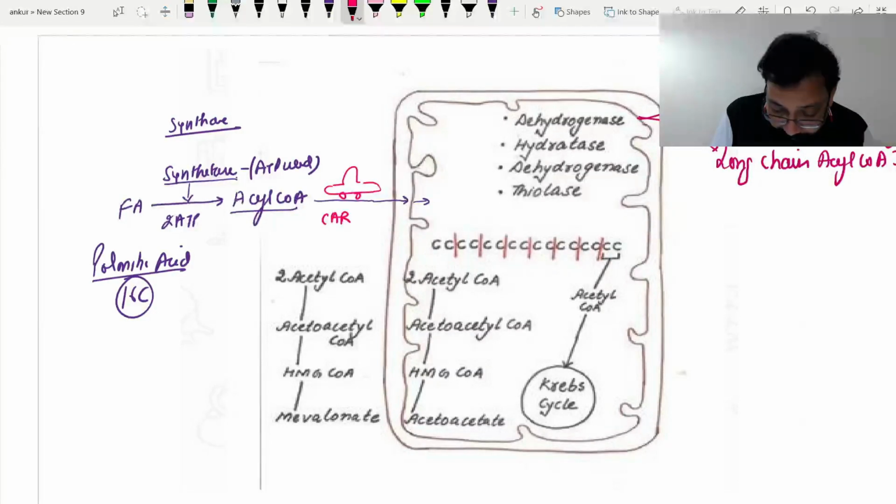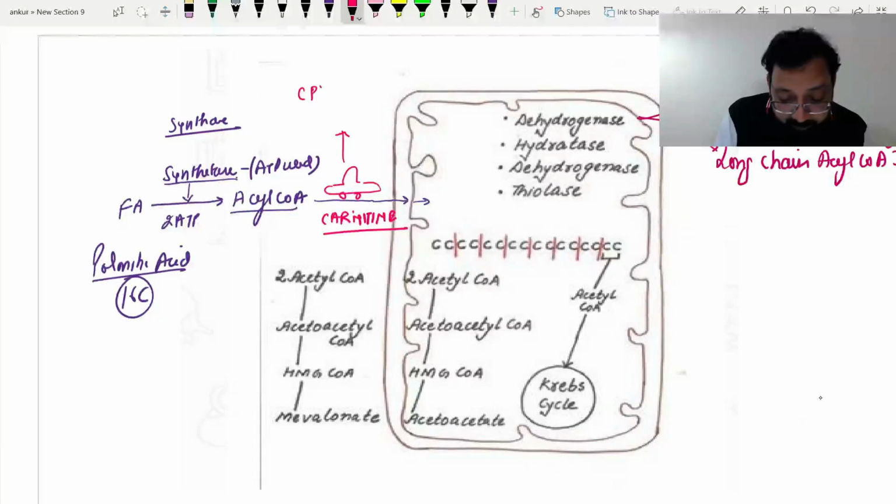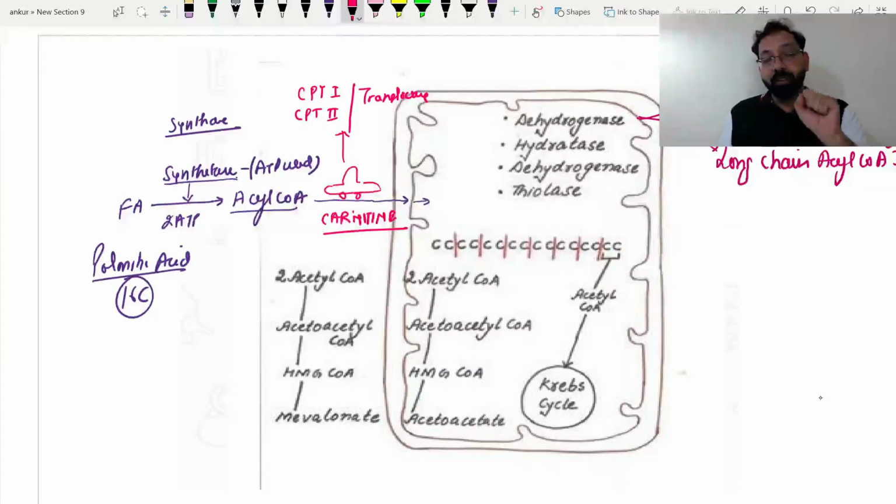Question is asked: fatty acid enters the mitochondria with the help of carnitine and a compound other than carnitine. It also requires three enzymes: CPT1, CPT2, and translocase. So with the help of these four things, carnitine, CPT1, CPT2, and translocase, fatty acid enters the mitochondria.